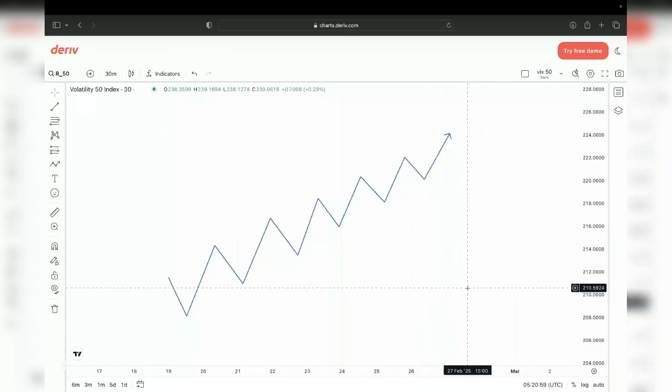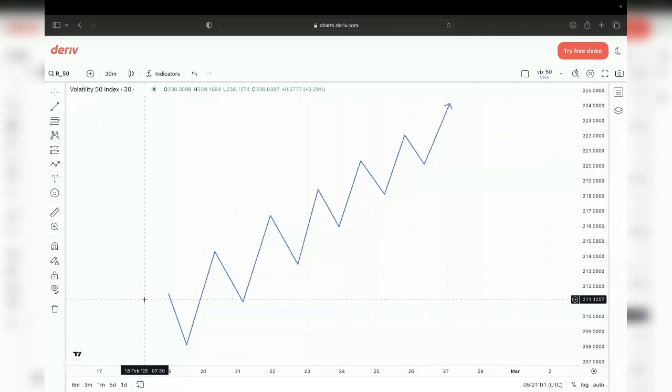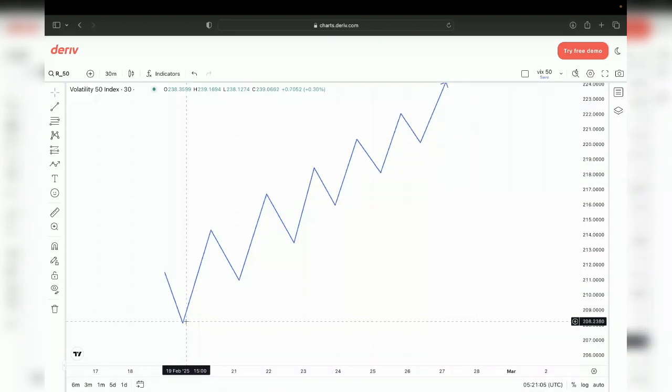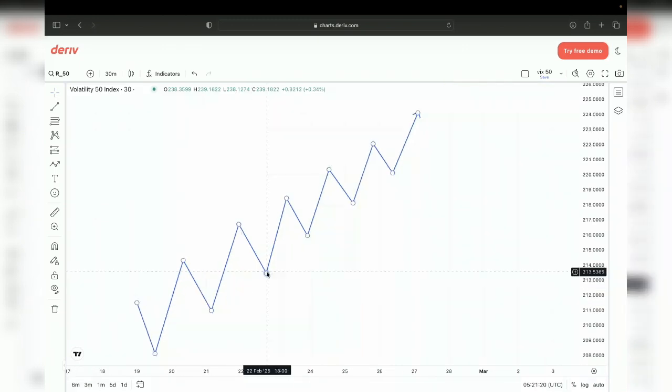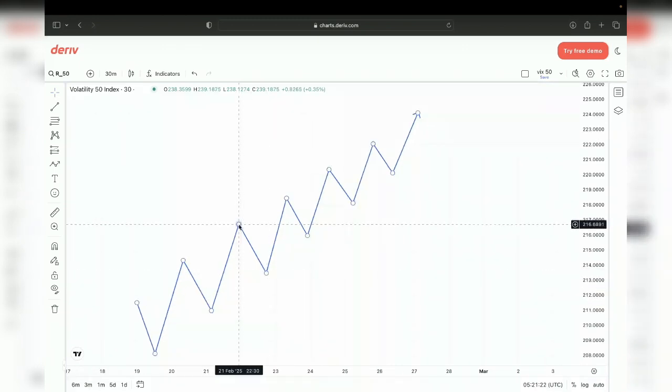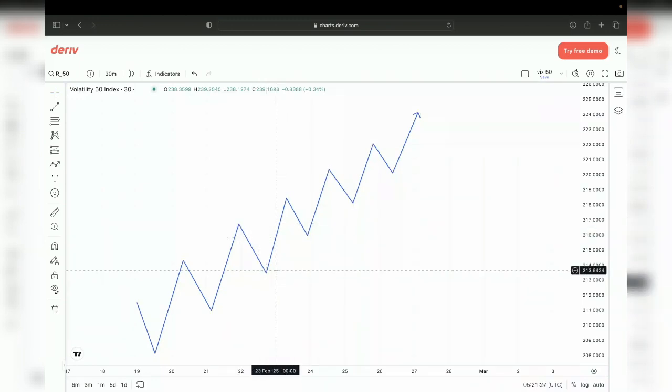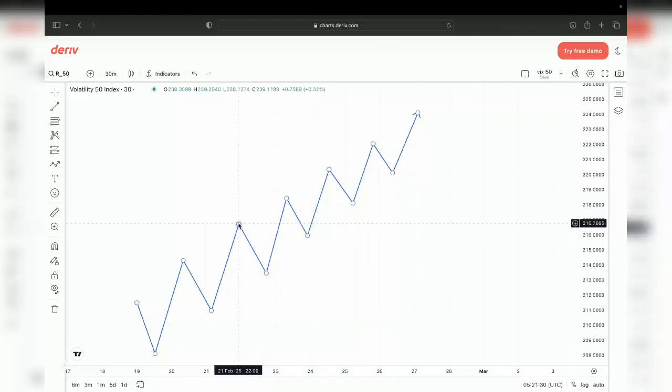He must have told you that when we have a break of structure, this point becomes a strong low, while this high becomes a weak high. When there is a break of structure, the high becomes weak and the low becomes strong. Why? Because this high got broken by this low. This is for an uptrend.